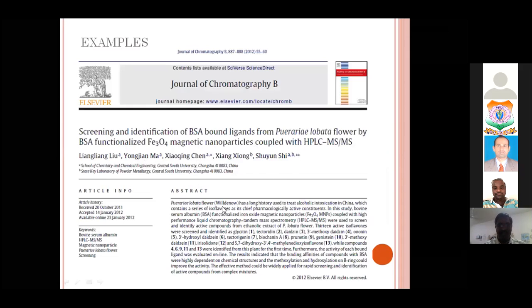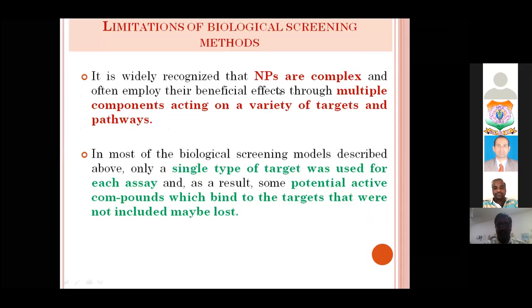Again, the limitation is that natural products are complex, but here we are using a single target. This is the reason many of the potential active compounds which bind may not be included in the techniques which we are using.